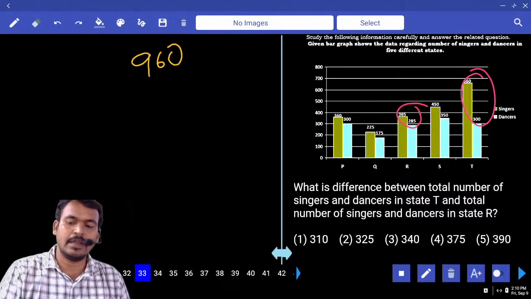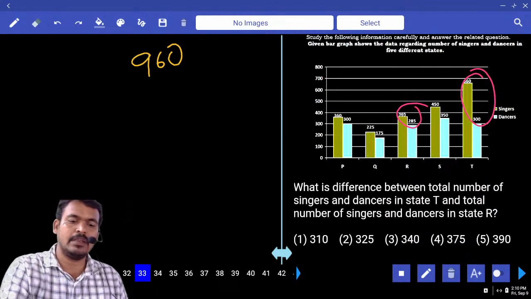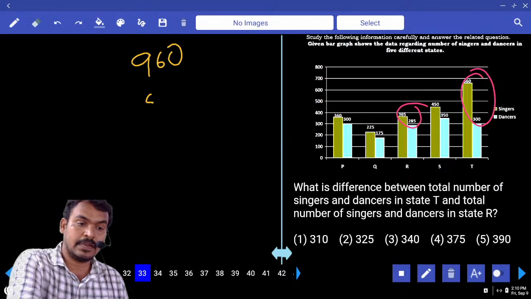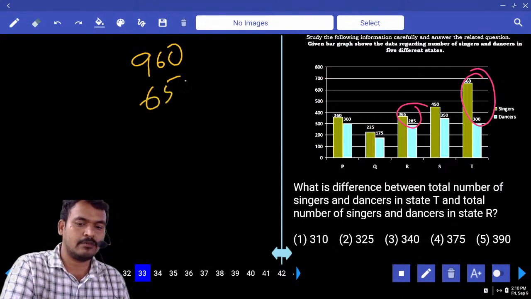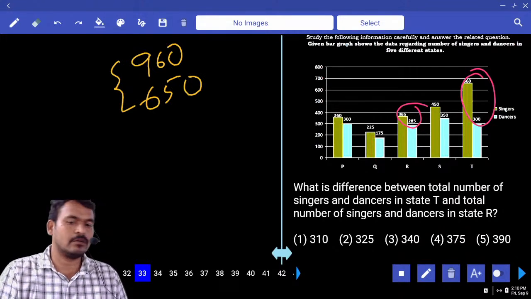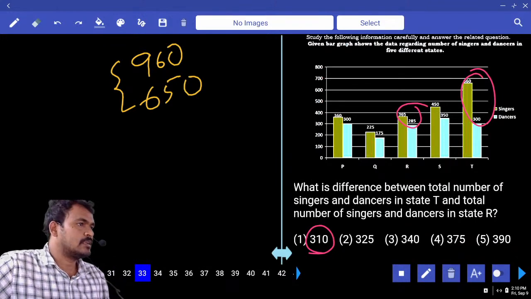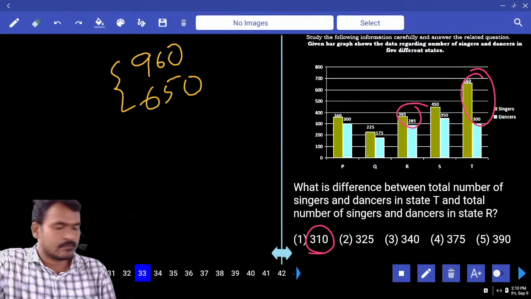That is 650. But which one do we require, difference or sum? Difference. What is the answer? 960 and 650 difference, 310, or not?